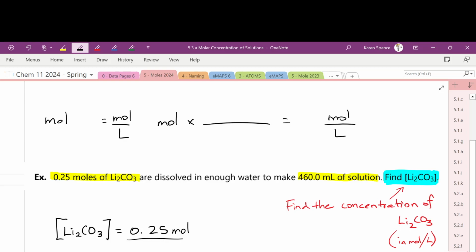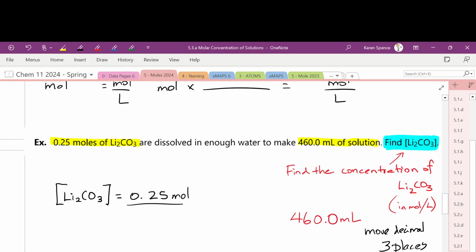What would that be in liters? 460.0. How many places do we move our decimal place? Move the decimal 3 places.